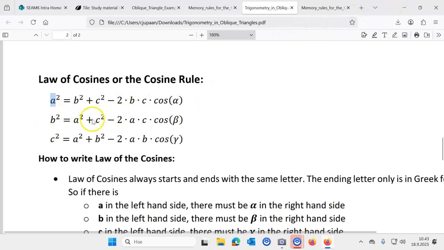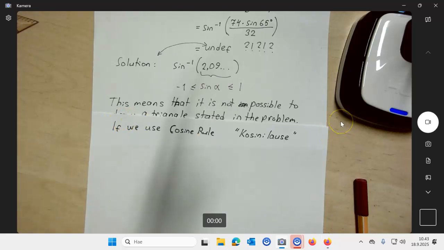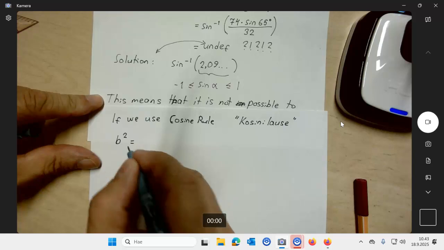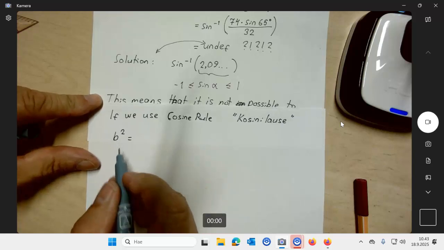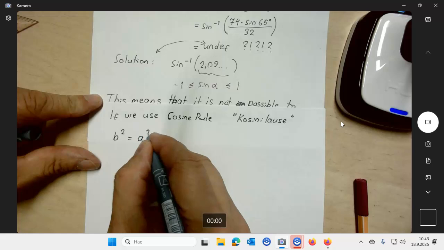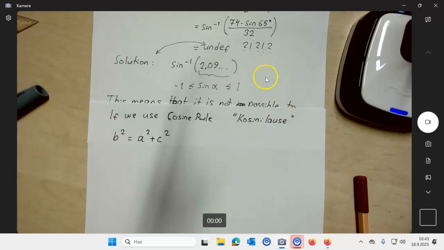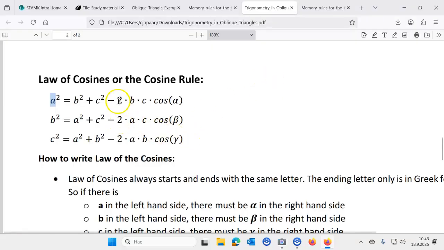So let's take the second version of that cosine rule. B squared equals, so I start with B, so I will write A squared plus C squared. And then I have that minus part there, so there will be minus always 2, and then the same letters that are already on the right-hand side in square form.